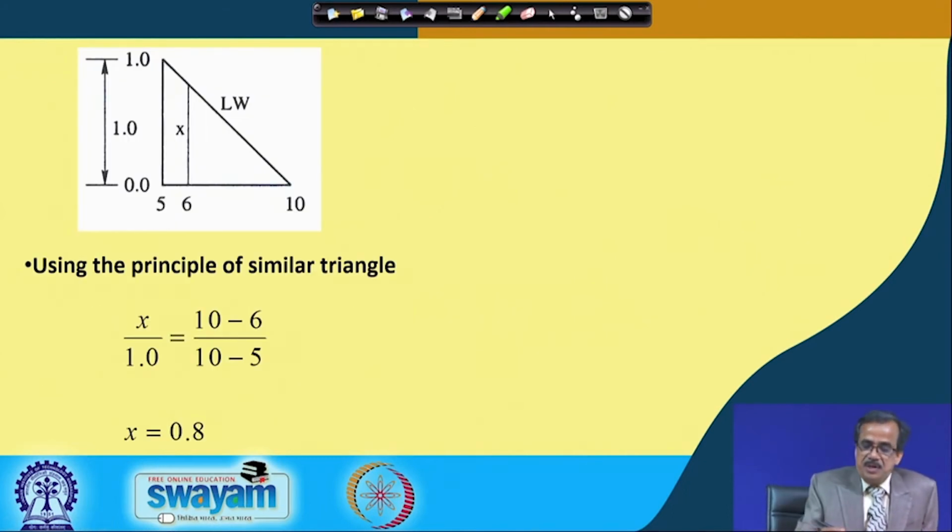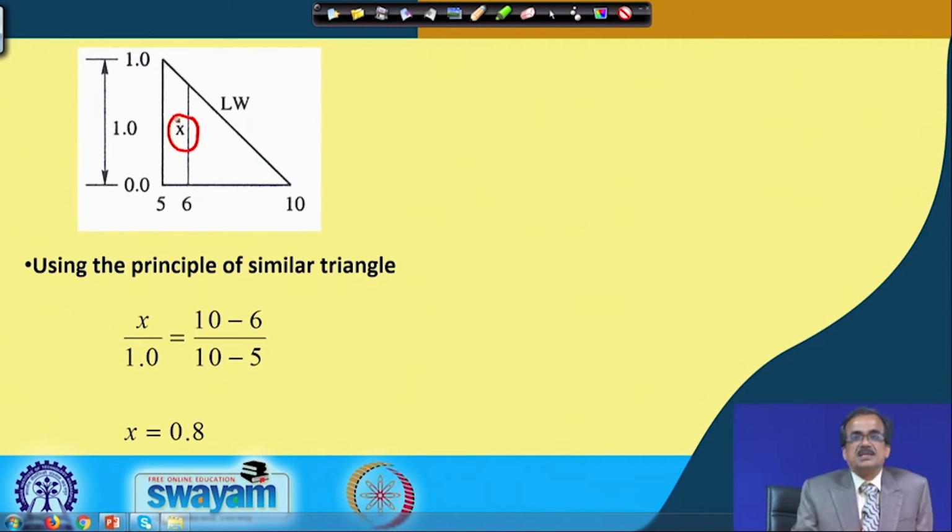Now, here if you see, this is the membership function distribution for low. I am just going to show. This particular right angle triangle starts from 5 and ends at 10, and corresponding to this particular 6, I will have to calculate this x.